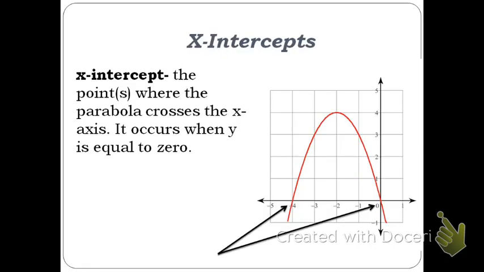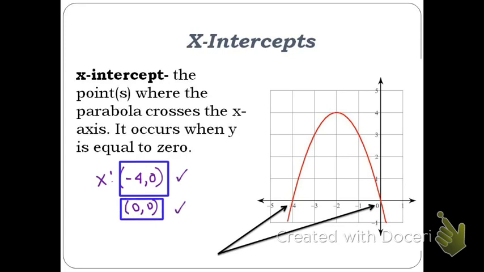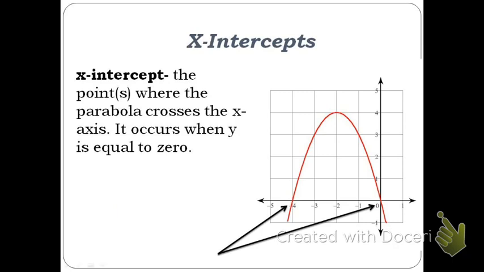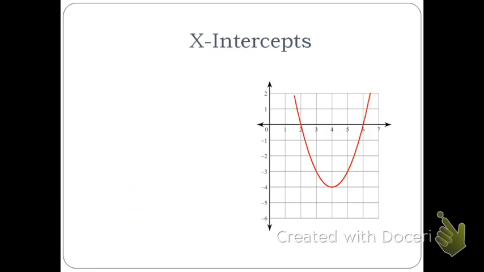Like these here, for example, we would say these are at (-4, 0) and where's the other one? (0, 0). We need two of them because we have two x-intercepts. Sometimes you will have two, sometimes you'll have one. It really depends on the problem that you get.